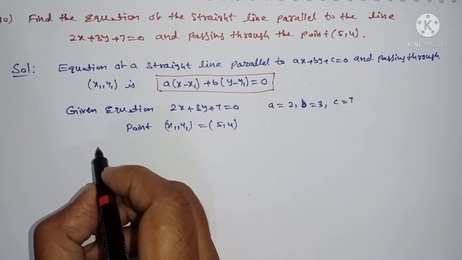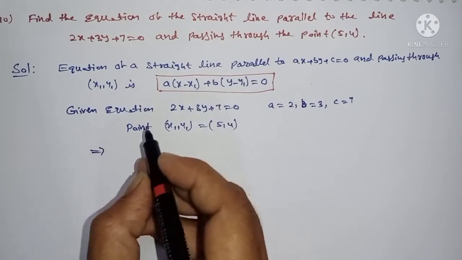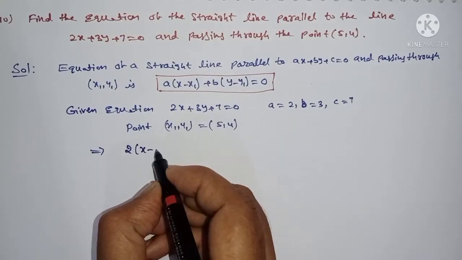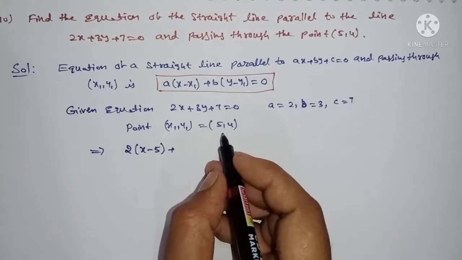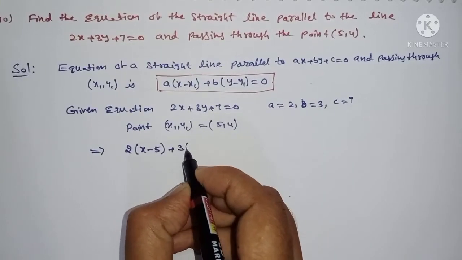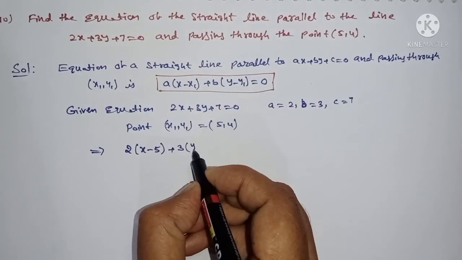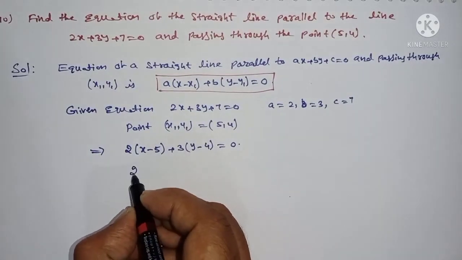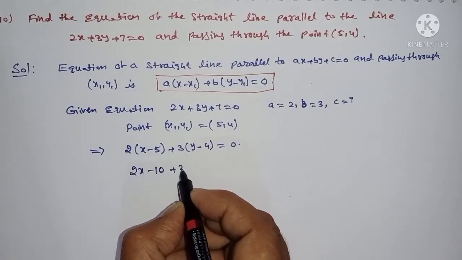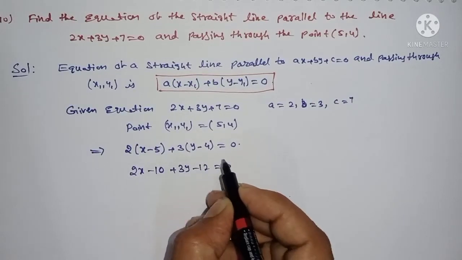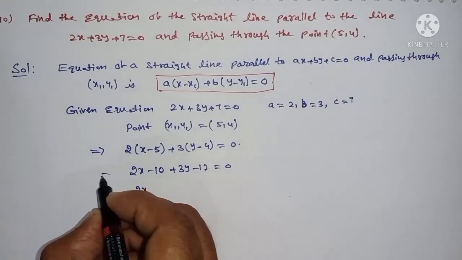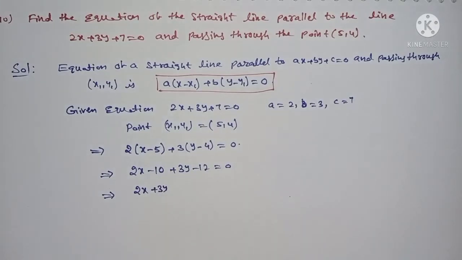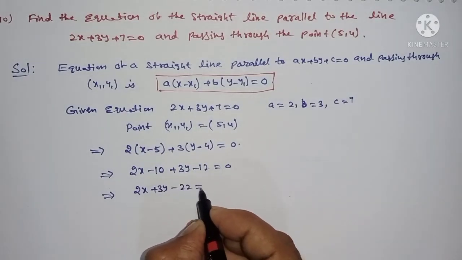Therefore, the required equation is, you can write directly, a, that is 2, into x minus x1, 5, plus b, that is 3, into y minus y1, 4, is equal to 0. Therefore, simplified you get 2x minus 10 plus 3y minus 12 is equal to 0, or you can write here 2x plus 3y, minus 10 minus 12 is nothing but minus 22, is equal to 0.